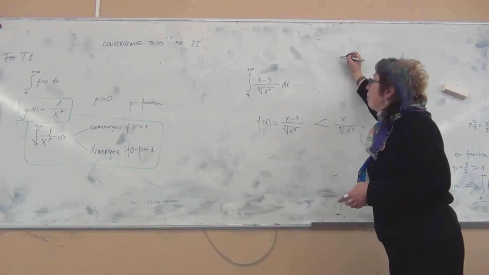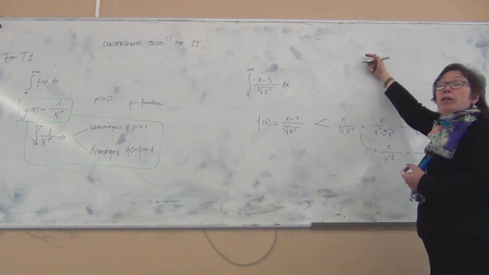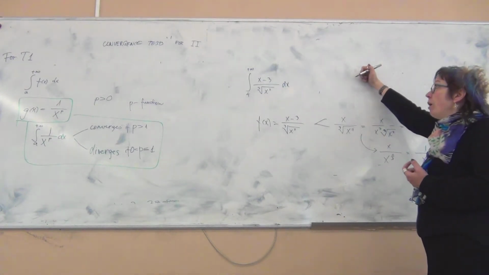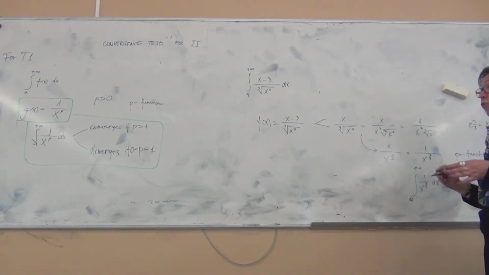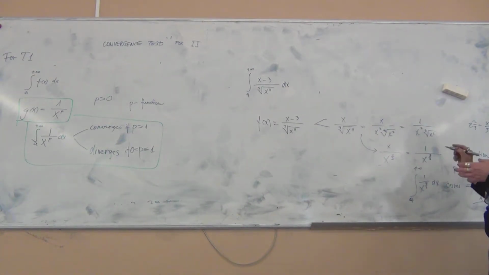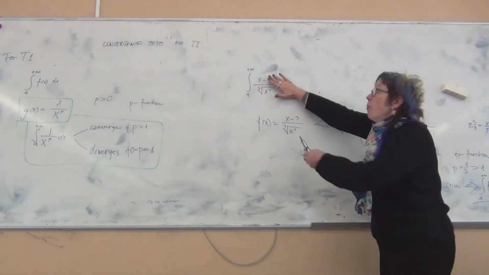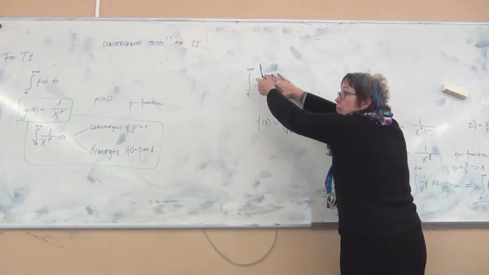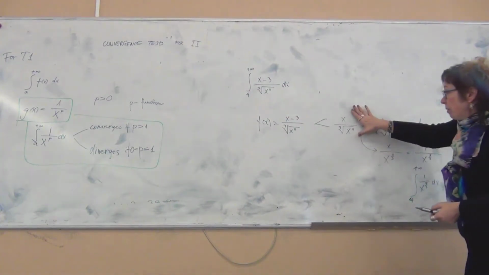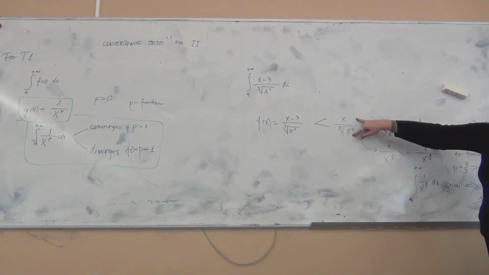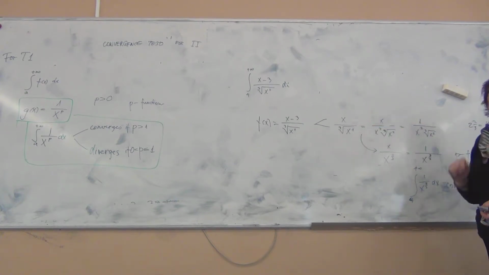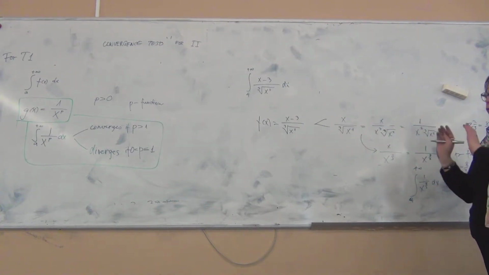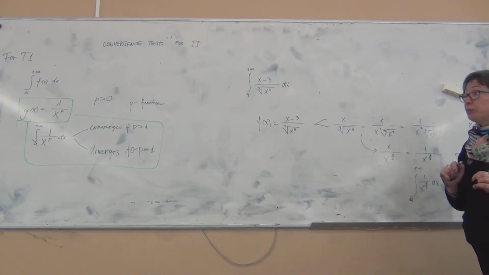If I have some polynomial in the denominator and some polynomial in the numerator, I can approximate the g function for p functions by simply comparing these powers, or simplifying to something that consists only of those powers. There will be only one power in the numerator and one power in the denominator if you forget everything else.